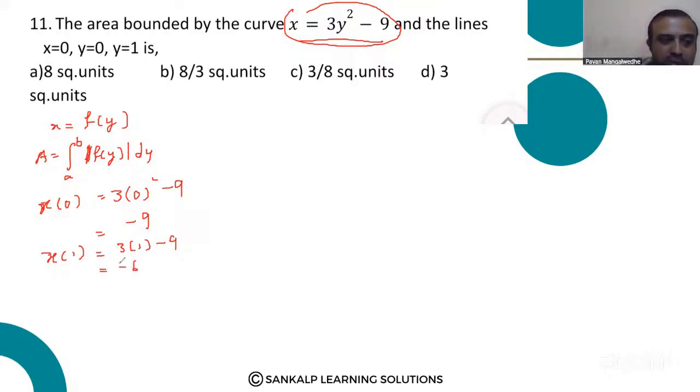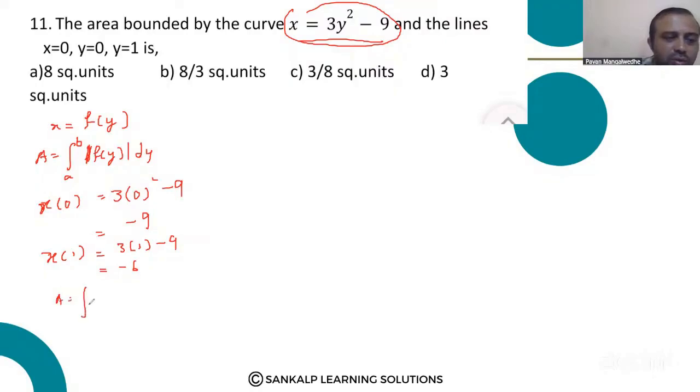So since x is negative for all y belonging to 0 and 1, the region lies entirely to the left of the y-axis. So it is integrating.